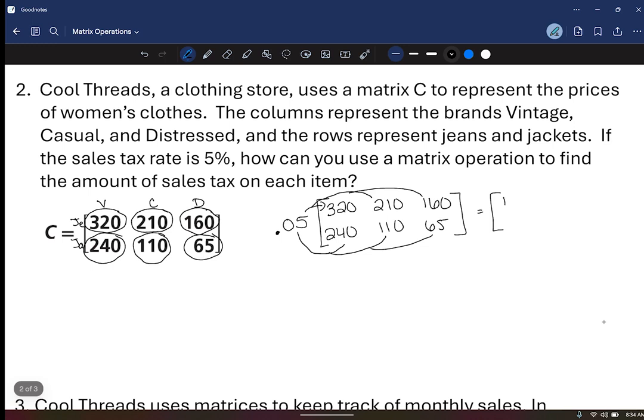So we're going to get 16, 10.5, which would be 10.50. I'm going to put 2 decimal places there since it's money. 8, 12, 5.50, and 3.25, and this represents the sales tax on each item, which is fairly cheap, 5%.